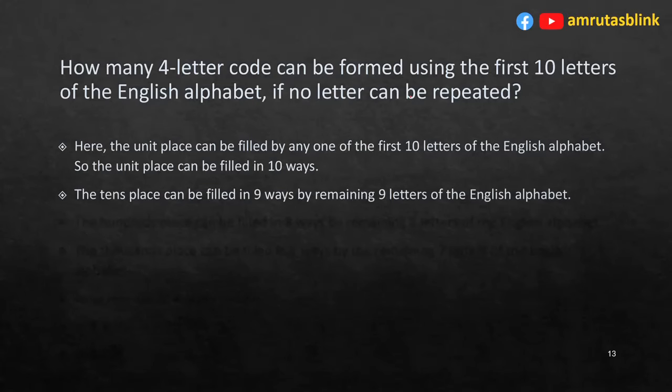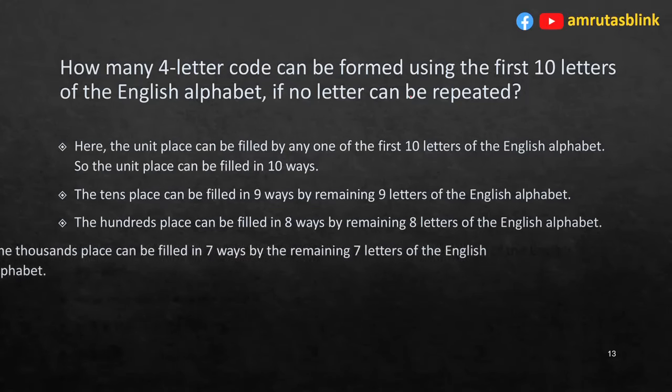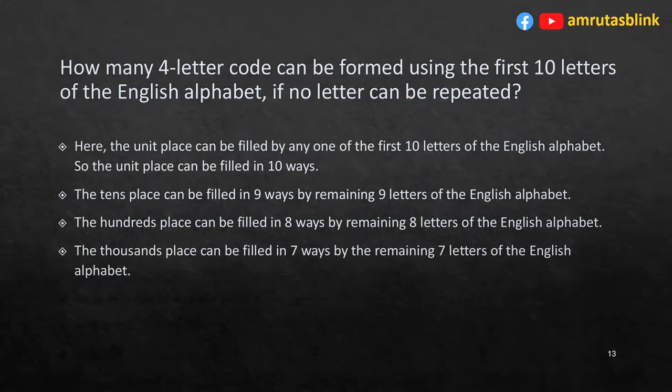So the second last place, just for the sake of convenience we will call it a tens place, but actually it is the second last place, can be filled with 9 alphabets. Third last place, that is hundreds place, can be filled in 8 ways, and thousands place, that is fourth place, can be filled in 7 ways.